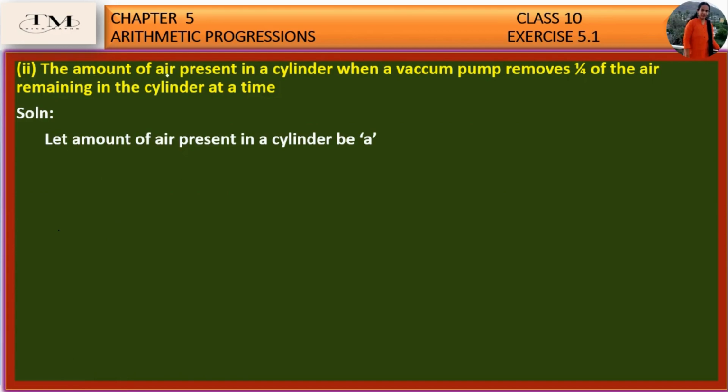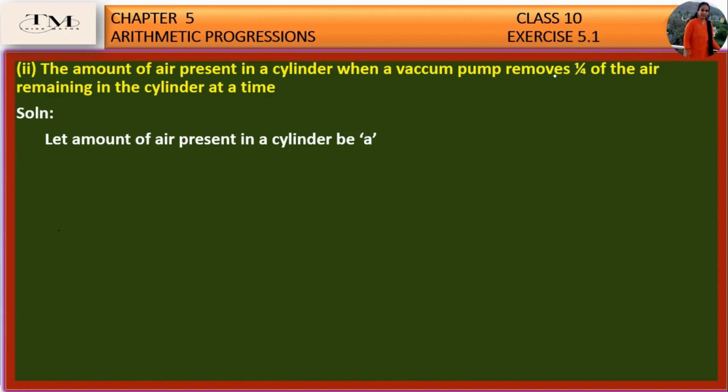The amount of air present in a cylinder when a vacuum pump removes 1/4 of the air remaining in the cylinder. So I am going to assume the amount of air present in the cylinder is a. What they are saying is they are removing 1/4 of the air remaining in the cylinder. So how much air is remaining in the cylinder? a.